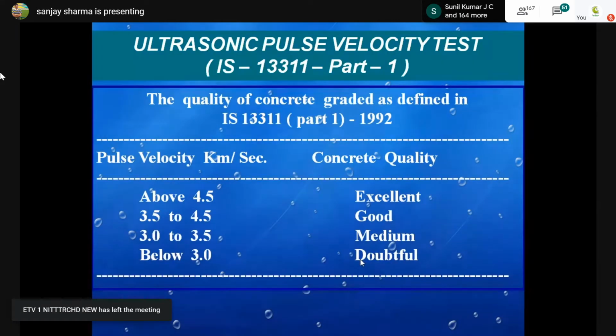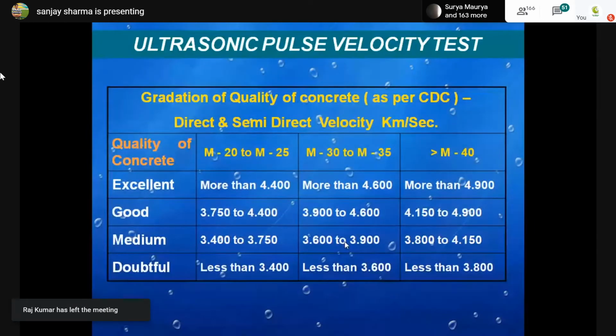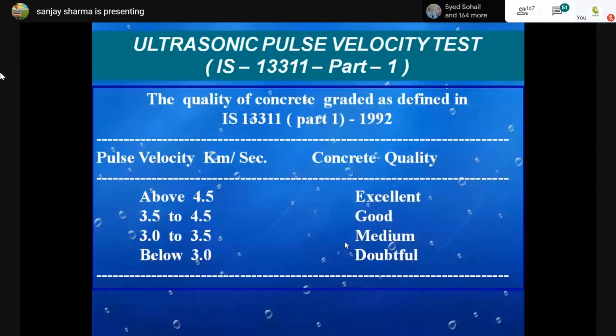This is the graph given in the code, depending on the velocity you observe. If the velocity is more than 4.5, it is excellent; 3.5 to 4.5 is good; 3.0 to 3.5 is medium; and below 3.0 is doubtful. This graph was made only for M20 grade concrete, as higher grades were not available at that time.